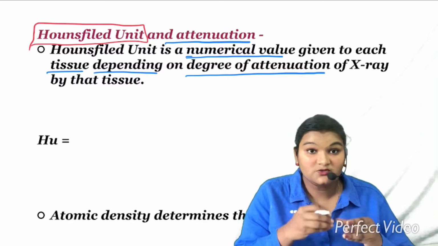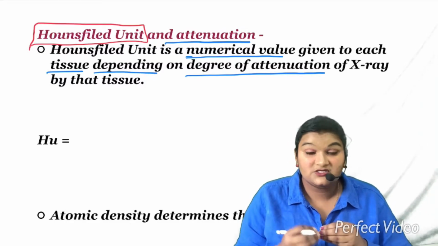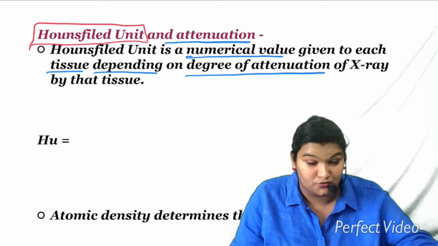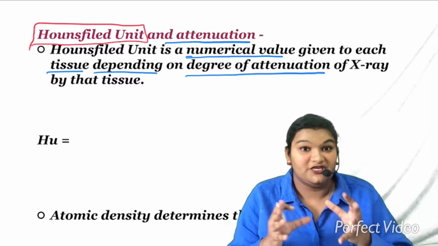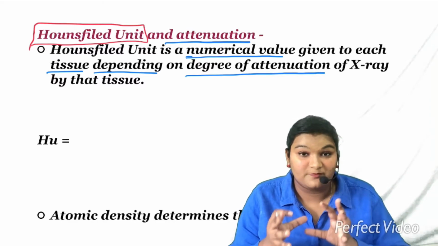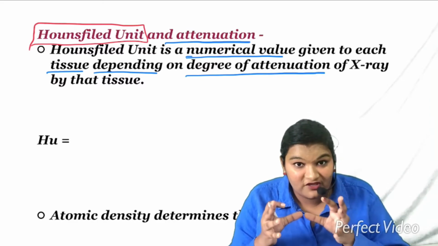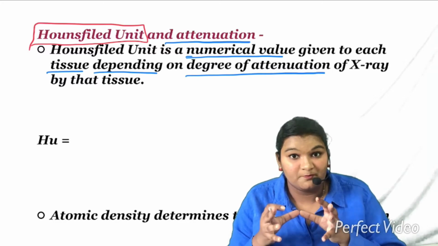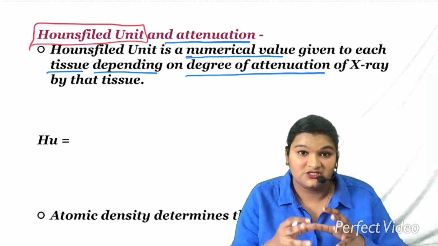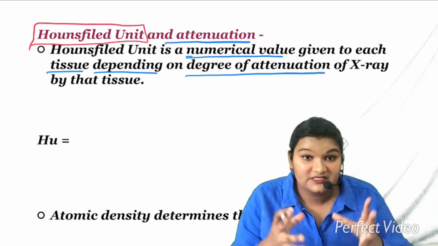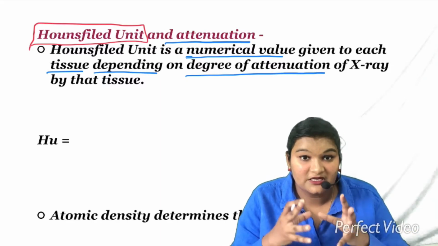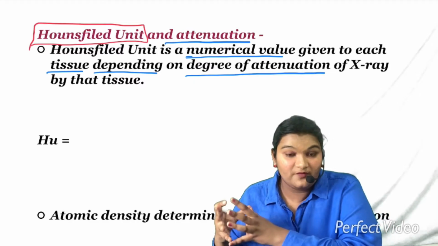It says that Hounsfield unit is a value. This value is given to a tissue and depends on the degree of attenuation. Degree of attenuation is the degree of absorption of X-rays by the particular tissue. How much X-rays are absorbed and how much X-rays are allowed to pass, this will give the Hounsfield unit of a particular tissue.